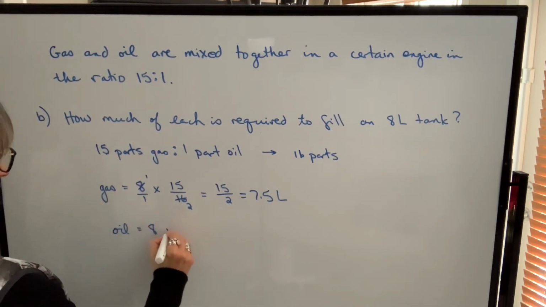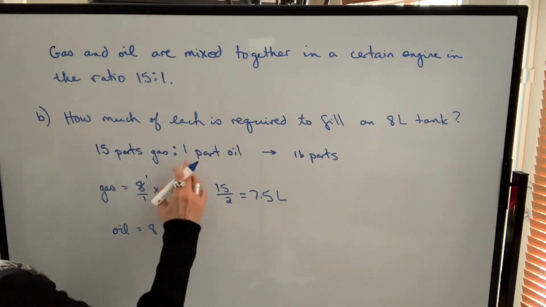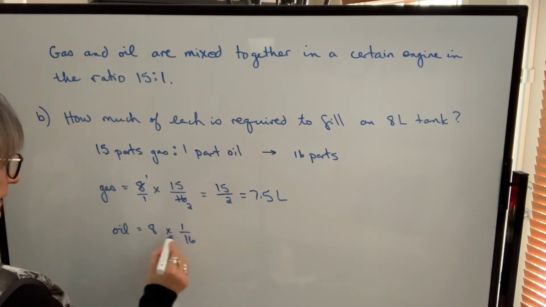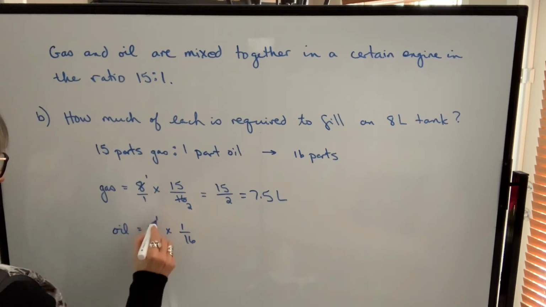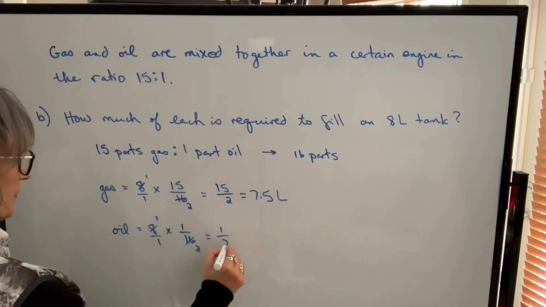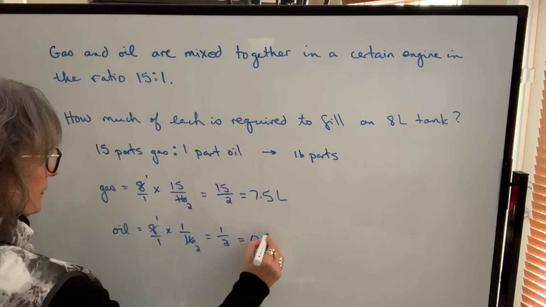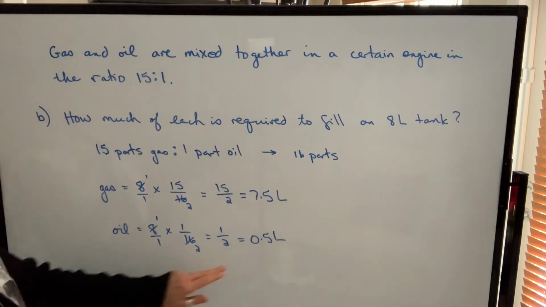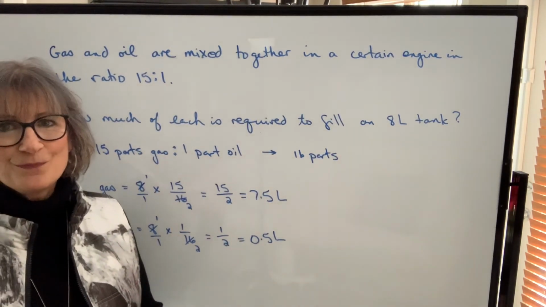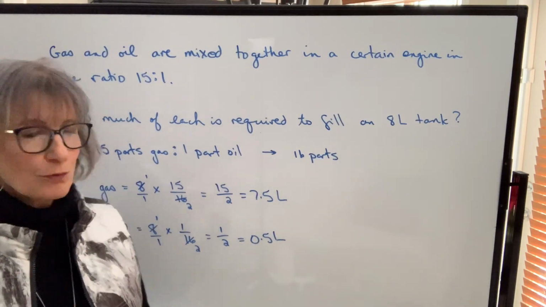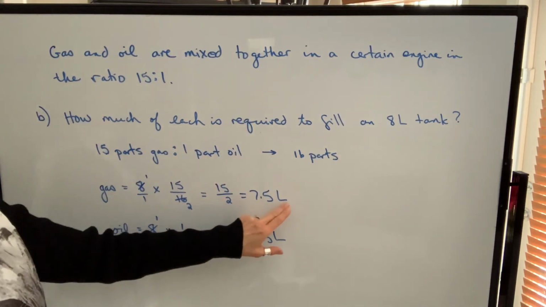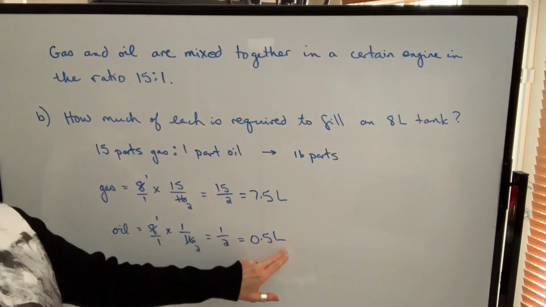I take 8 liters and multiply by the portion that's oil, which is 1 out of 16 parts. Again, I can cancel. 8 goes into there once, 8 goes into there twice. So 1 times 1 over 1 times 2, which is 0.5. So in order to mix the gas and oil in the correct ratio of 15 to 1, to fill an 8-liter tank, I need 7.5 liters of gas and 0.5 liters of oil.